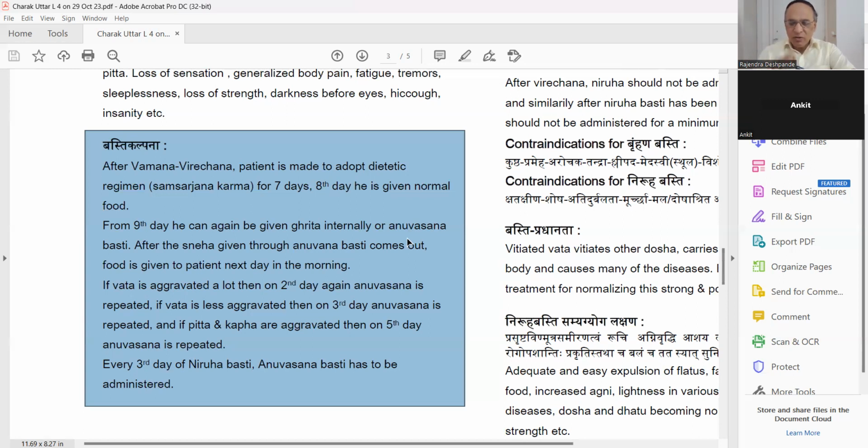Second, write down second in the notebook. Asthapana, A-S-T-H-A-P-A-N-A. Asthapana Basti. In Kerala, in South India, in some books, instead of Basti, they have written Vasti, V-A-S-T-I.